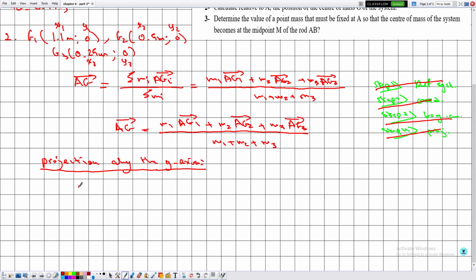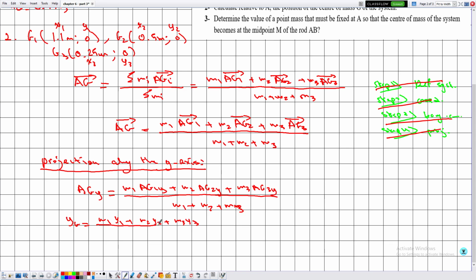Then similarly we can say that AGY is equal to M1 AG1Y plus M2 AG2Y plus M3 AG3Y divided by M1 plus M2 plus M3, which means that YG is equal to M1 Y1 plus M2 Y2 plus M3 Y3 divided by M1 plus M2 plus M3.